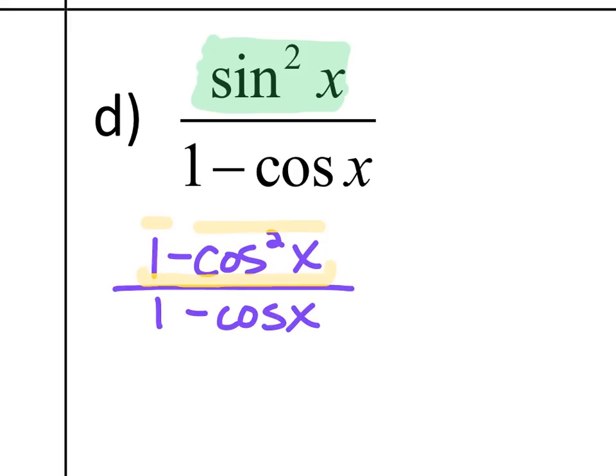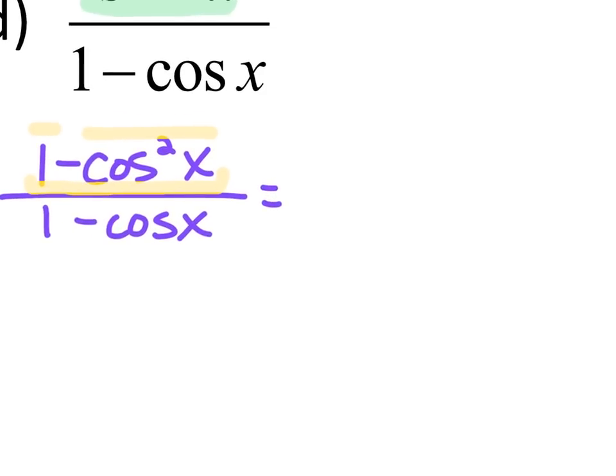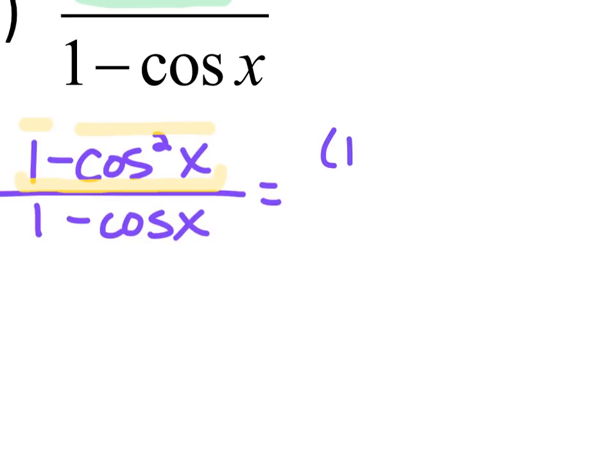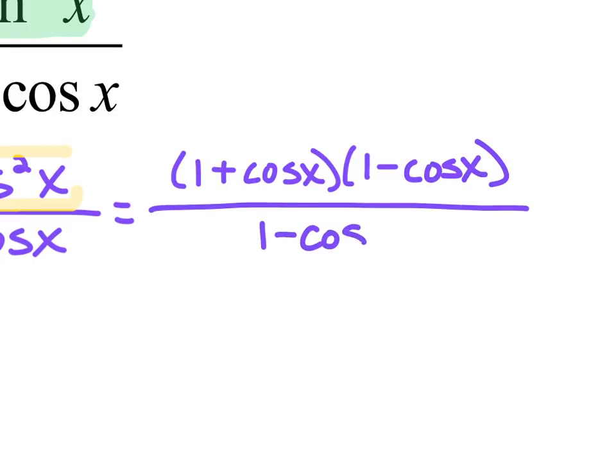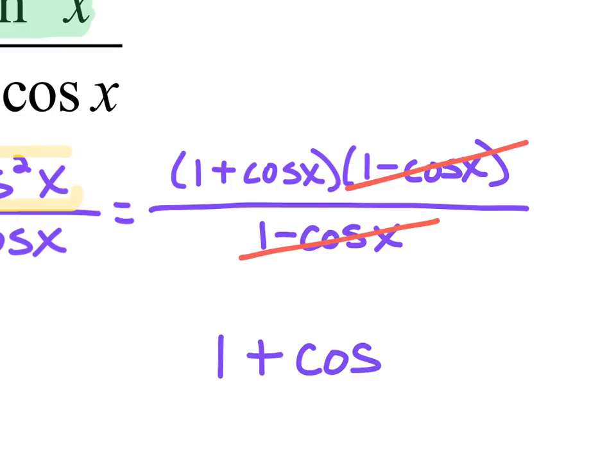So I can rewrite the numerator as 1 plus cosine of x times 1 minus cosine of x, all over 1 minus cosine of x. Now, the entire denominator can cancel with this factor that's being multiplied in the numerator, and my final answer for this problem is going to be 1 plus cosine of x.